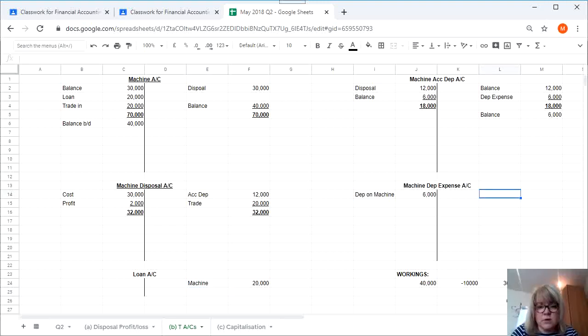And finally, just to close out your expense account there for the depreciation, well, just to write off the expense for the year, the income statement will show 6,000 as an expense, and that's that one closed as well, so that you don't carry down the balance, you write it off to the income statement.